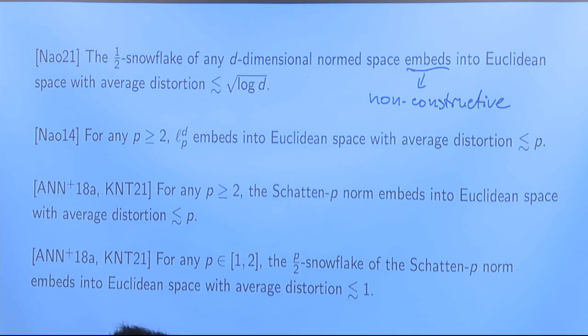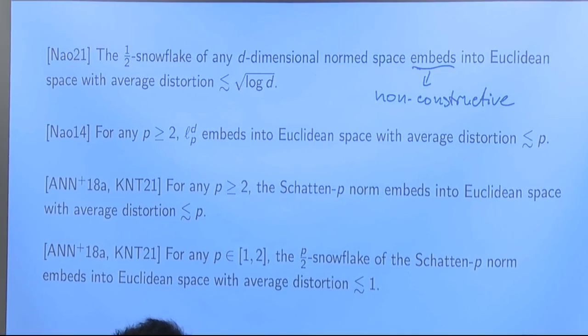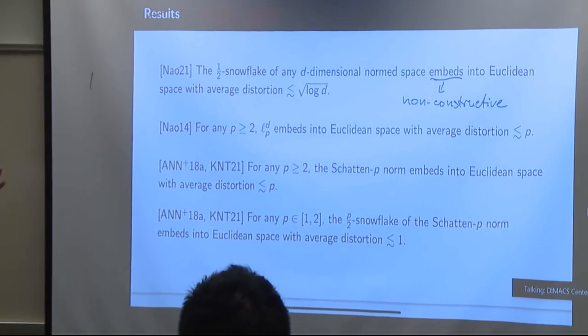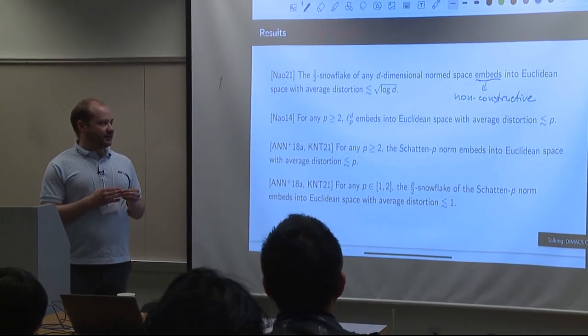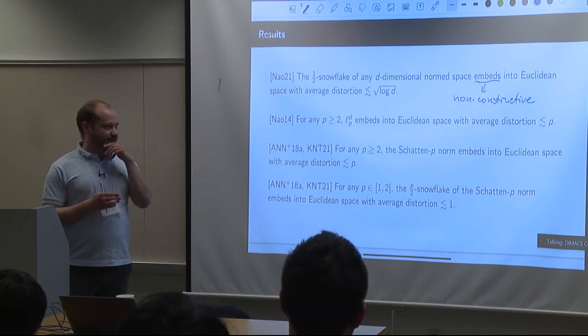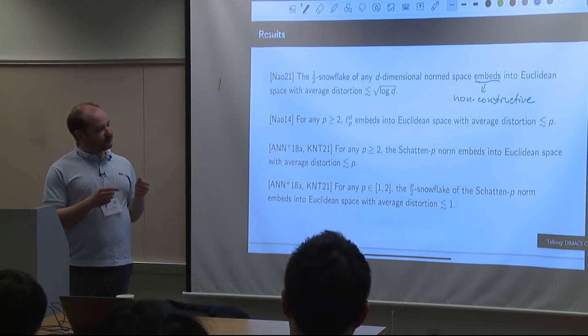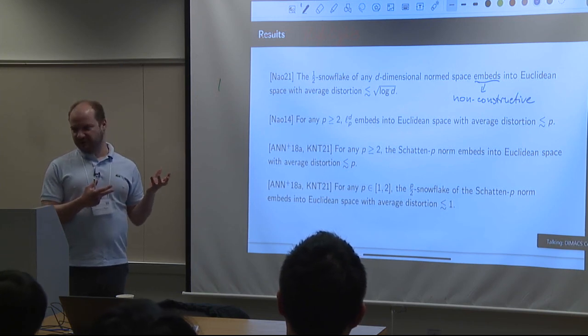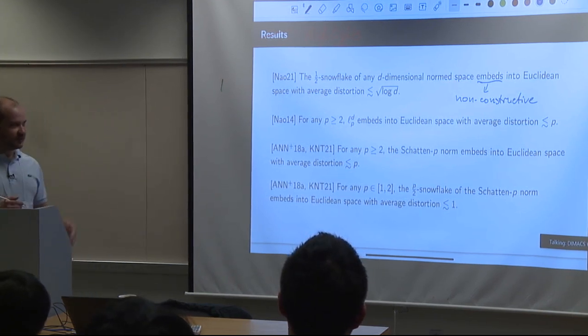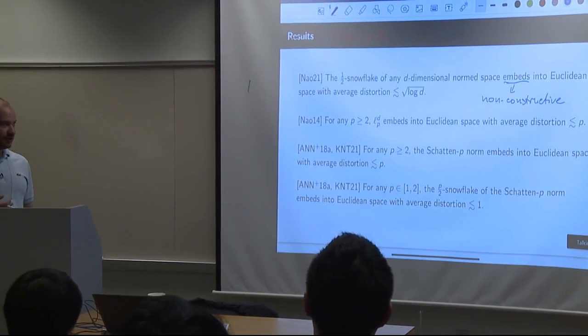I mean, if I talk about efficient algorithms, I have to say how am I providing the norm space to you? And the standard way would be to give you some sort of oracle that evaluates the norm, and maybe a few extra technical guarantees. But there's nothing like that. There's no natural assumption under which we know how to compute this embedding. So Naor's proof uses duality in a way that makes it hard to see what the embedding would even look like. Okay, so that suggests immediately an interesting open problem.